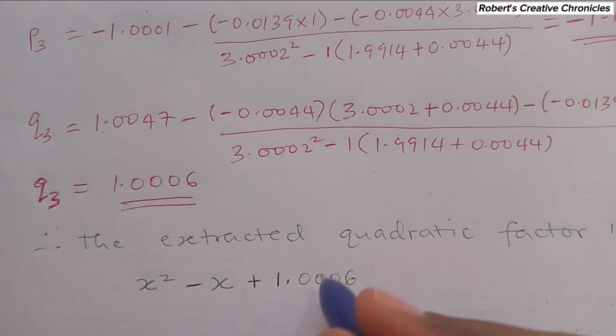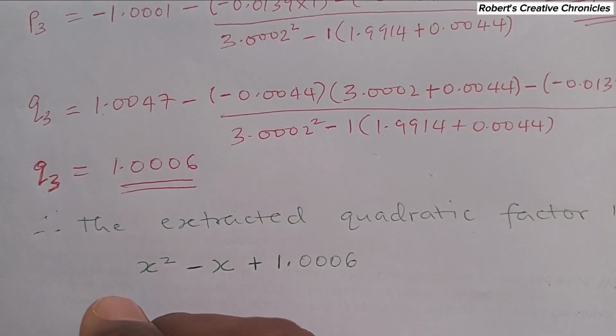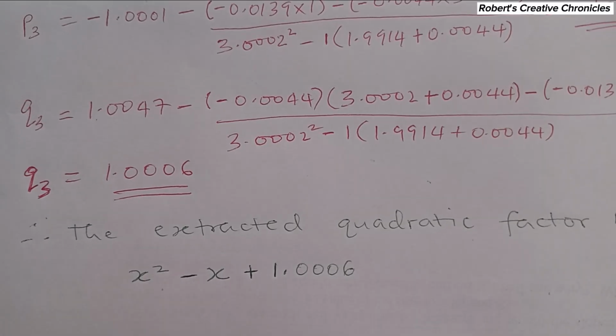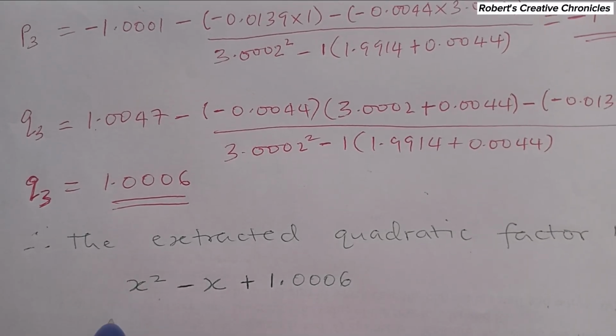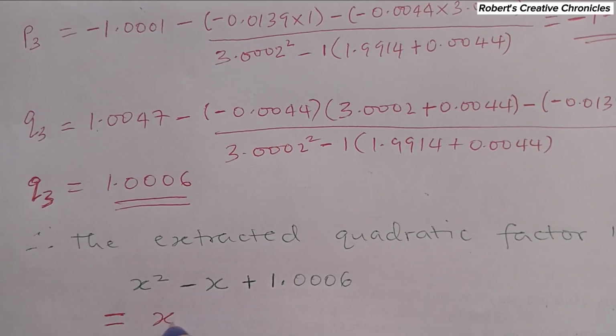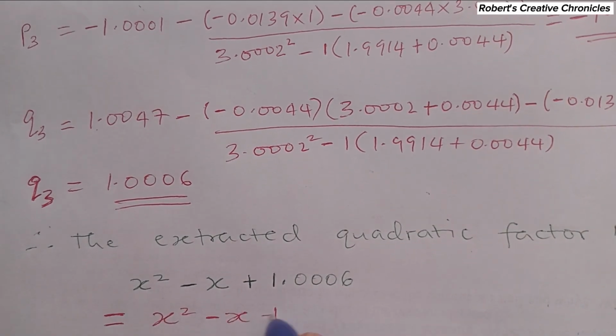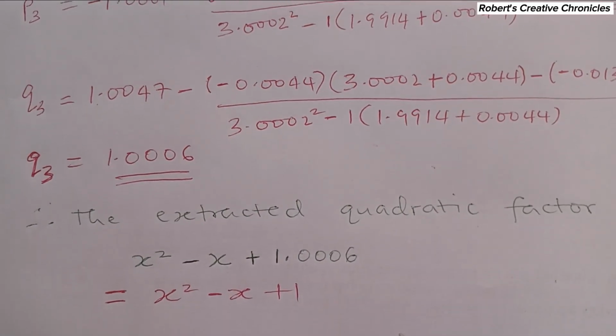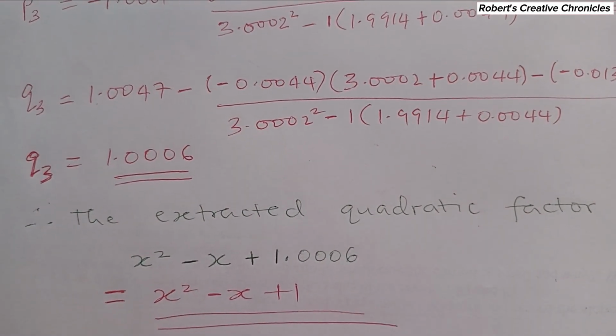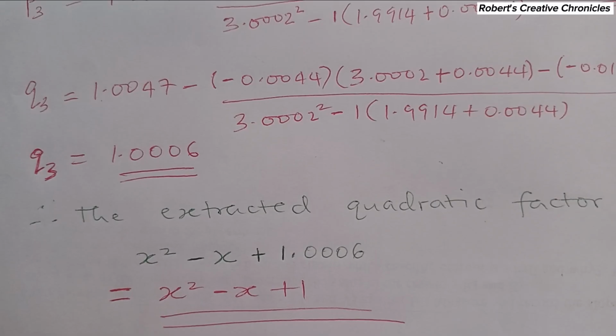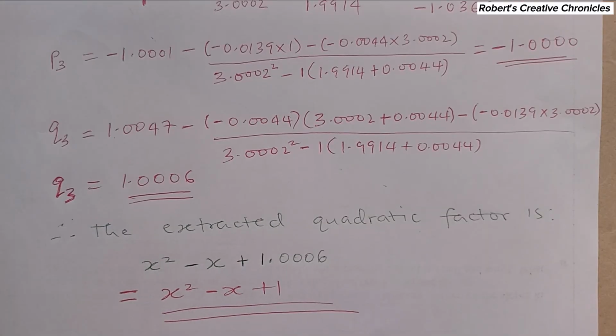We can also approximate it. So this now becomes x squared minus x plus 1, since this can be approximated to 1. This is the extracted quadratic factor.